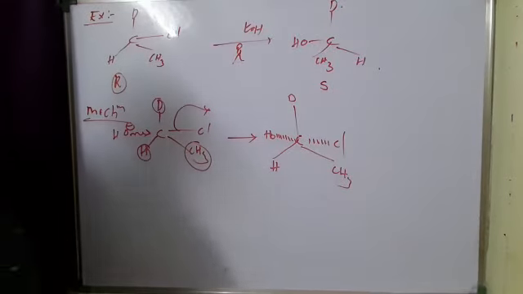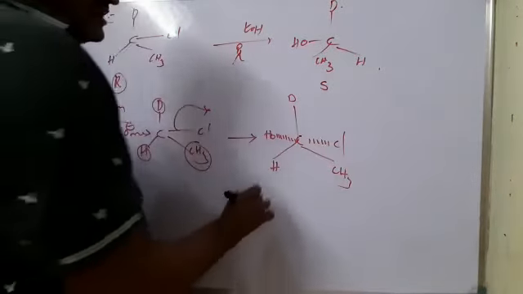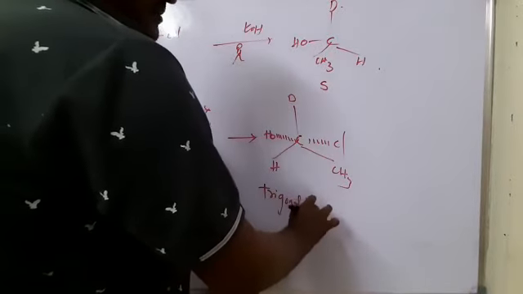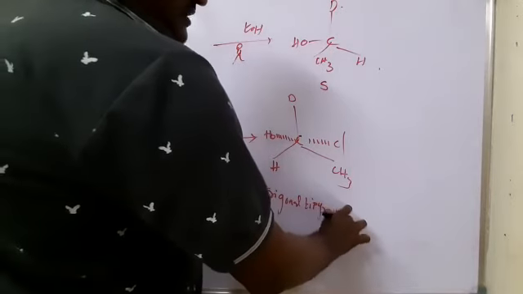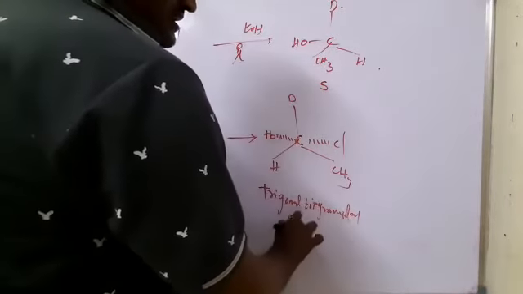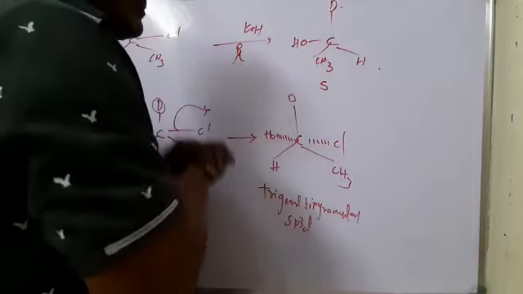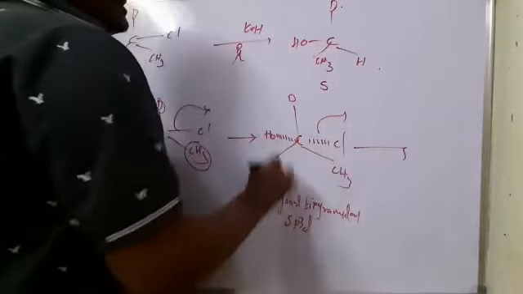So this is five-coordinate: 1, 2, 3, 4, 5. This is trigonal bipyramidal, sp3d hybridized. So this is the transition state. This is just an imaginary transition state. There is no evidence for the formation of this. So in the next step, chlorine is completely eliminated and we get the product with inversion of configuration.